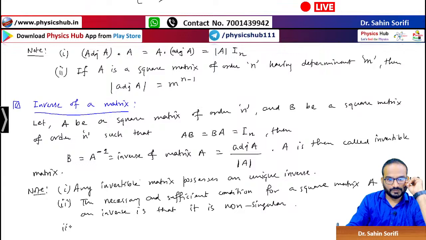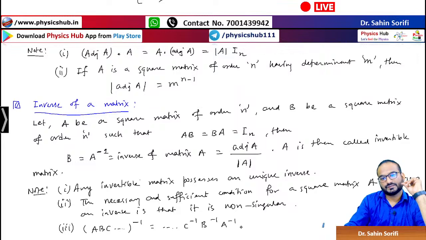And the third property is similar. Let's say you have a product of matrices and you take the inverse, then the inverse operates from the right: C inverse, B inverse, A inverse.